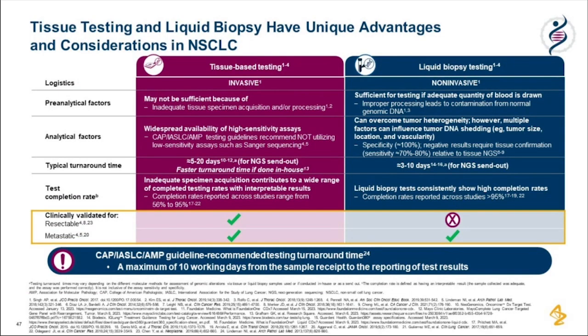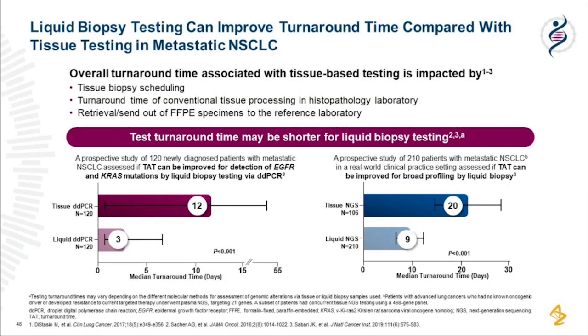Once again, we saw this slide earlier, just to take into consideration the advantages and also the other considerations of tissue-based and also plasma. And once again, just to remind everybody about the turnaround time, liquid plasma biopsy turnaround times are significantly shorter than tissue.